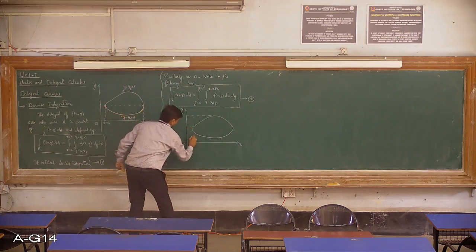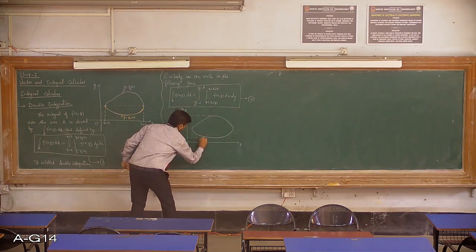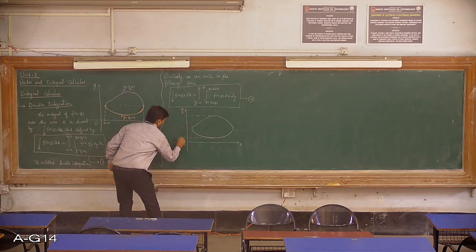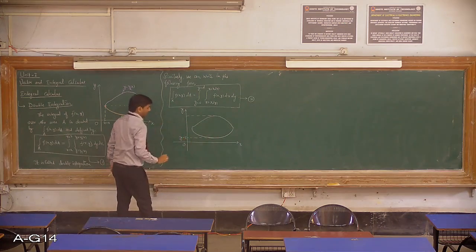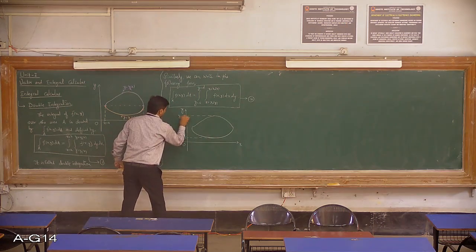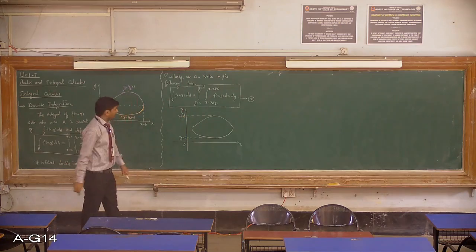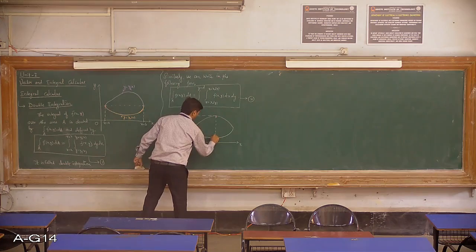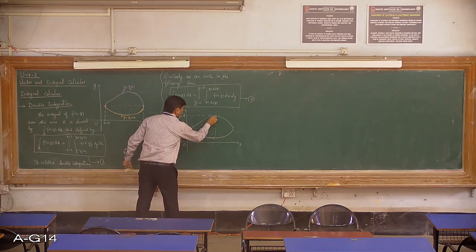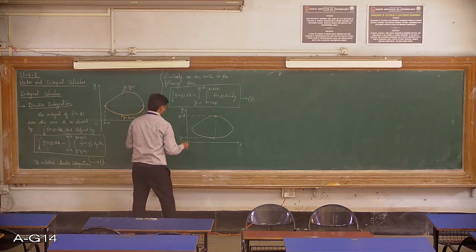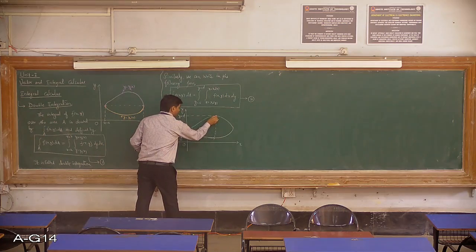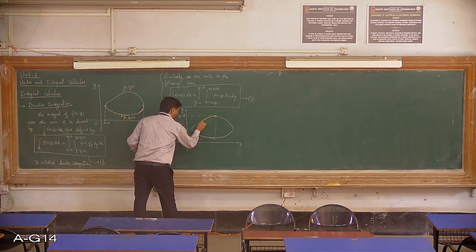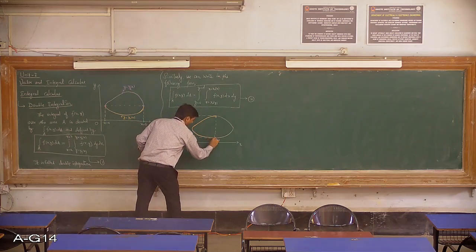So this is one extreme point, where y equals c, and this is another extreme point, where y equals d. Now, to bifurcate it, here we have this one curve from here to here.